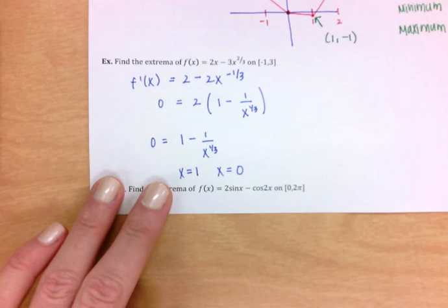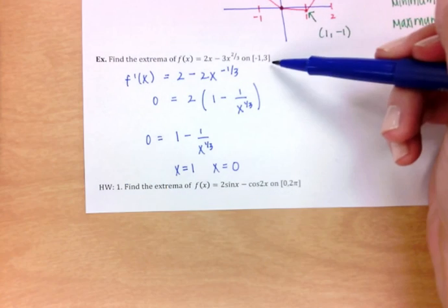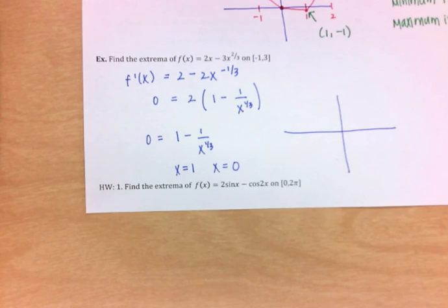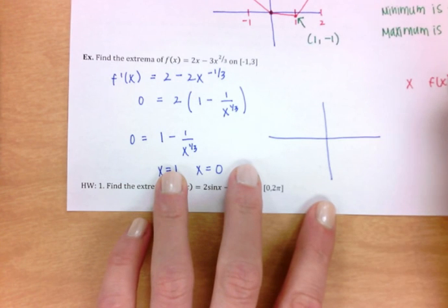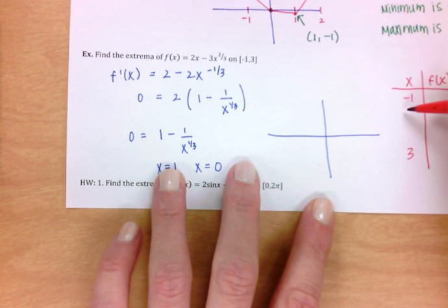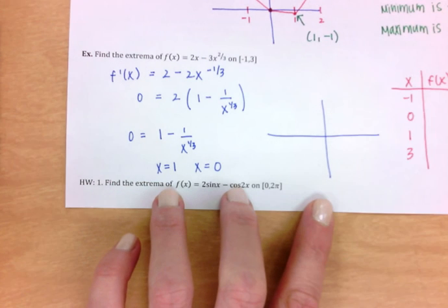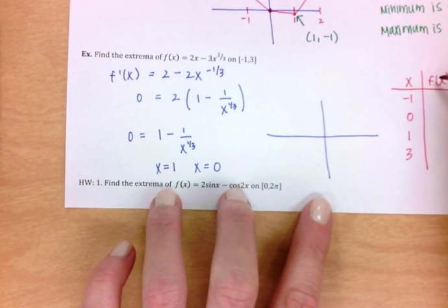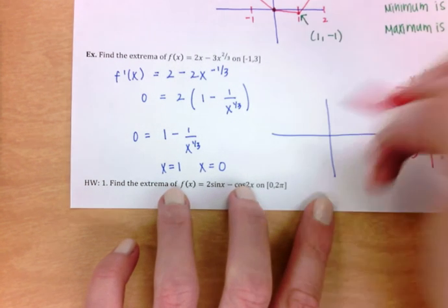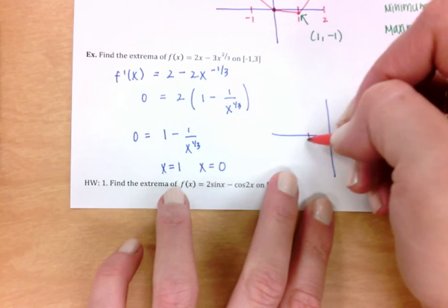Now we just need to plug these in along with our interval to see what our graph would look like. We grab all the numbers that we are given. The interval is negative 1 to 3, and then we found two critical numbers, 0 and 1. We're plugging them into f to see what f looks like. So at negative 1, we are at negative 5.